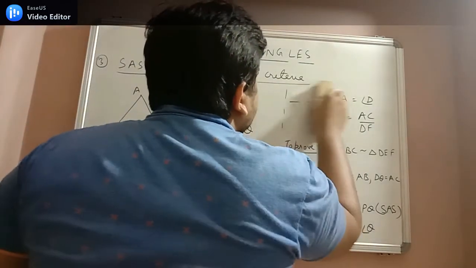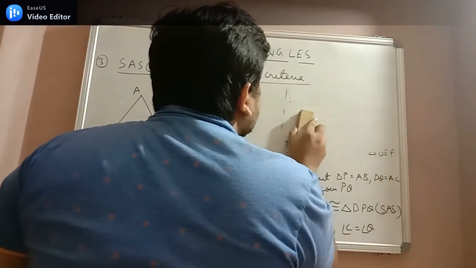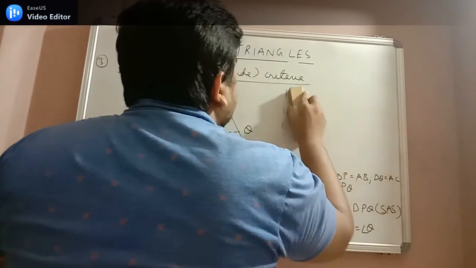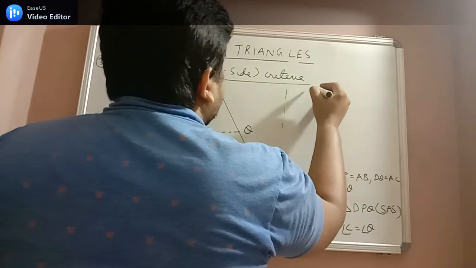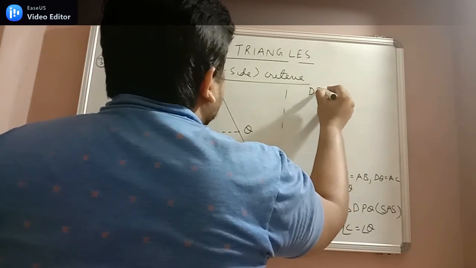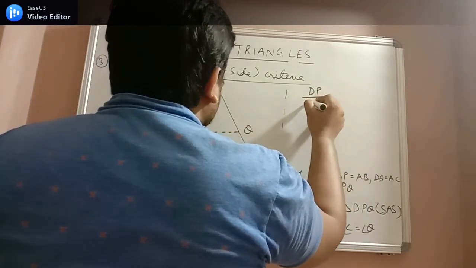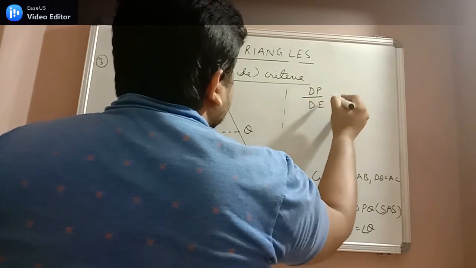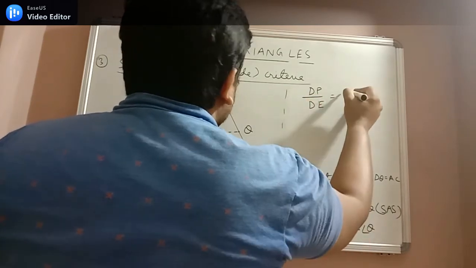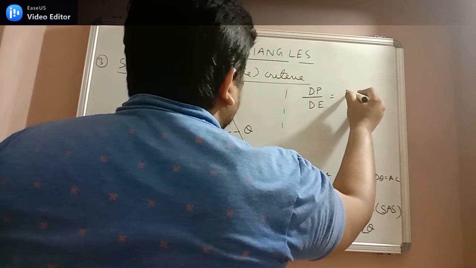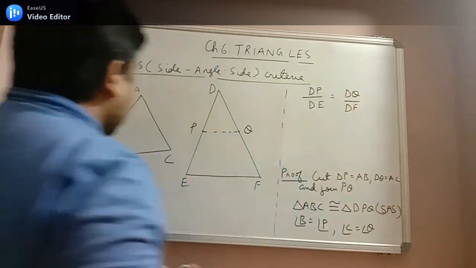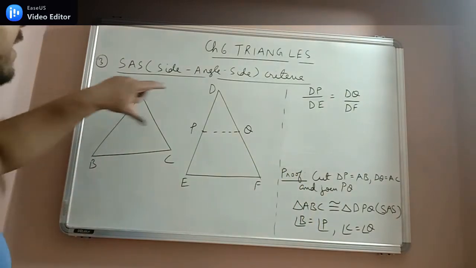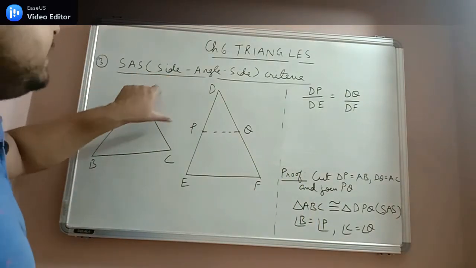Now let's take up this ratio: DP upon DE is equal to DQ upon DF, because we already had AB upon DE equal to AC upon DF.